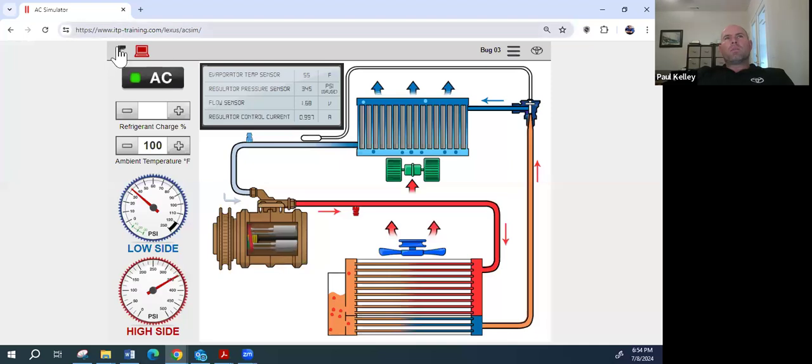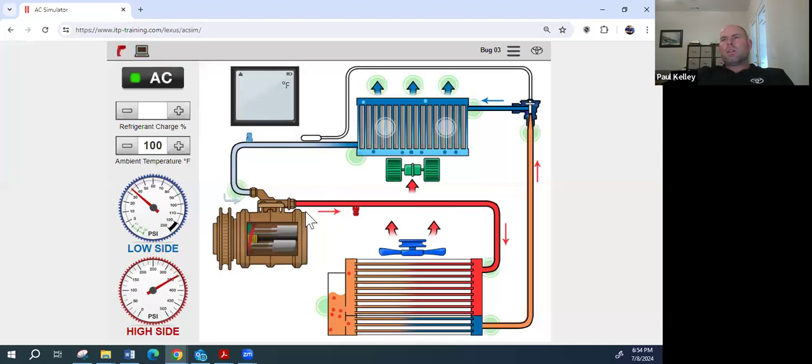So we get our temperature gun and check this out. Oh, that's hot. You got 255 degrees here. You're not going to be able to touch that. That's going to be really hot. All right, and then you could go check some other things. I mean, it's blowing pretty crappy ambient temperature.